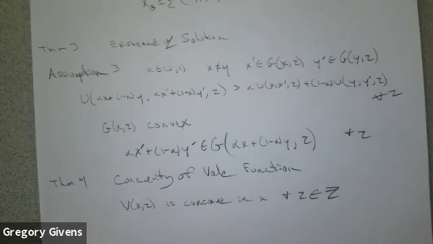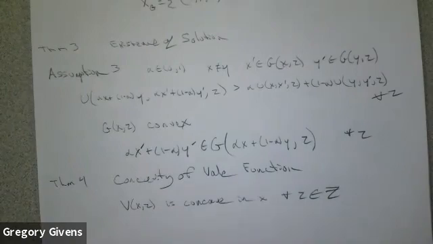The other portion of Theorem 4, which I believe was actually a corollary in the earlier discussion of the model with no uncertainty, was that the concavity of the value function then directly implies that the optimal plan is unique, right?